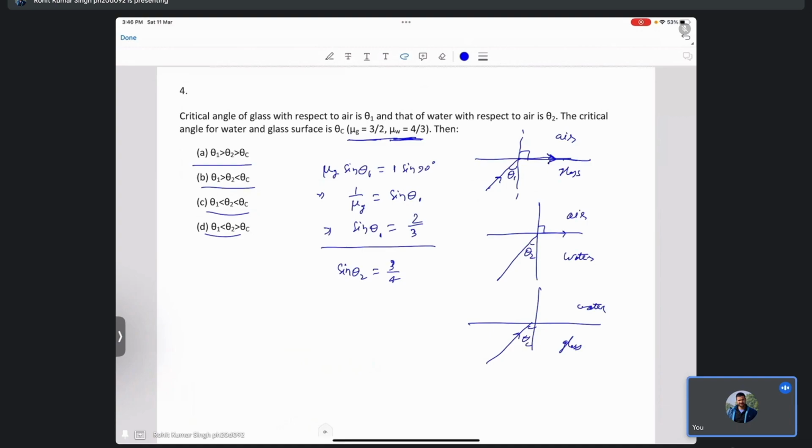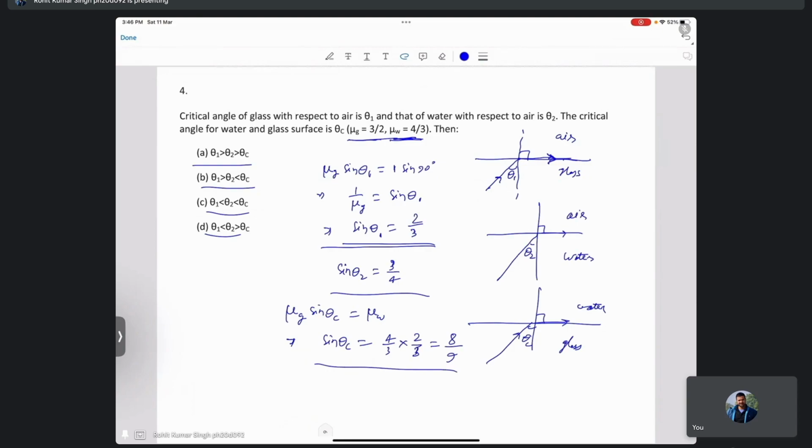This is the theta c, mu g sine theta c equal to mu w. Sine 90 is just 1, so sine theta c is mu water, given 4 by 3, and mu g is 3 by 2, so it will get divided here, so it will be 2 by 3, and we will get 8 by 9, right? Now you have sine theta 1, sine theta 2, sine theta c.